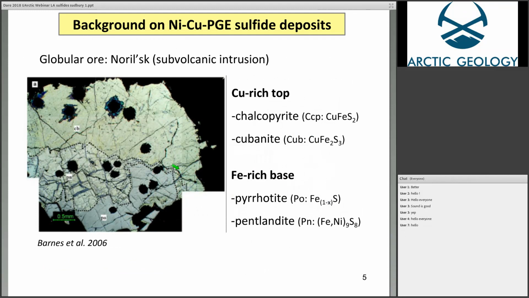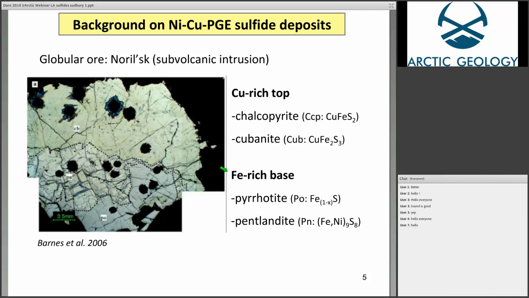So here is just to show you on a thin section scale. This is globular ore from Norilsk, which is a subvolcanic intrusion in Russia hosting these big droplets of sulfides. This was a study by my former supervisor who started off this whole interest in lasering sulfides, in fact. So here we can see at the top of the globule is the copper-rich part, which here is cubanite.